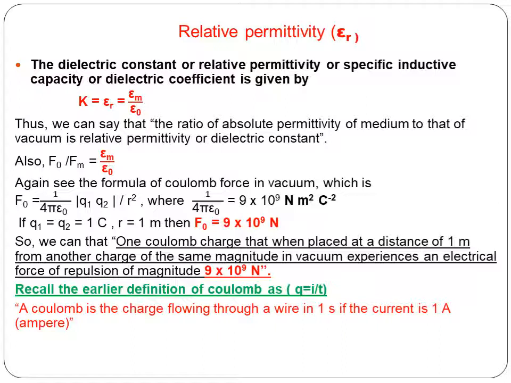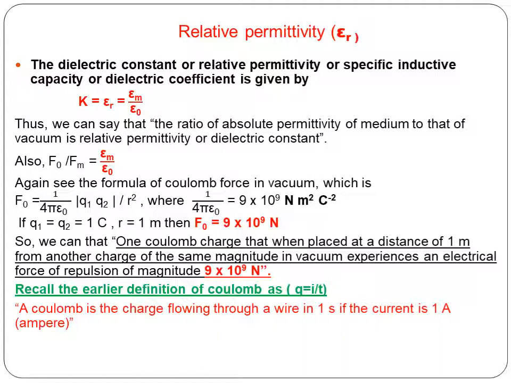Relative permittivity is known as dielectric constant or specific inductive capacity, which is given by capital K equal to epsilon r, and this is equal to epsilon m by epsilon naught, where epsilon m is the absolute permittivity of the medium where charge is placed, and epsilon naught is the permittivity of vacuum.